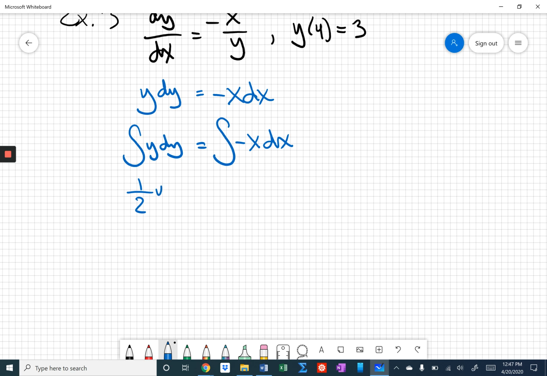All right, so 1/2 y squared is going to be equal to negative 1/2 x squared plus a constant. And again, we're given the point (4, 3), so we're going to plug that in here to solve for c.